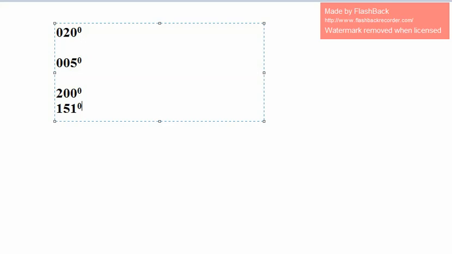Angles from 10 up to 99 will be preceded with a single zero. And those from 100 to 360 will be preceded with no zero because they are already three digits. So take note of that.